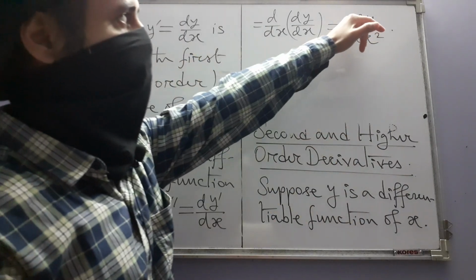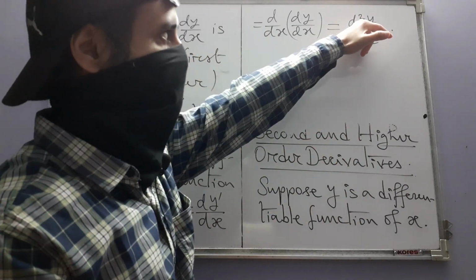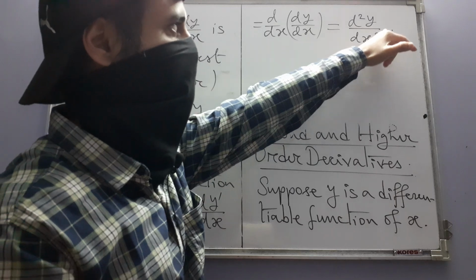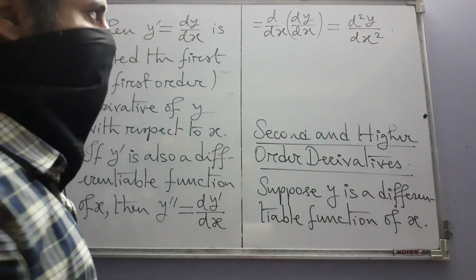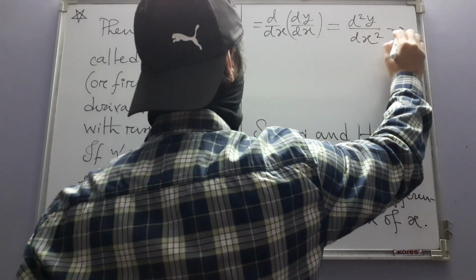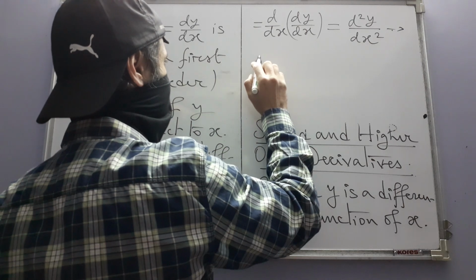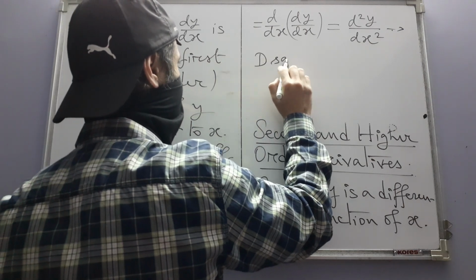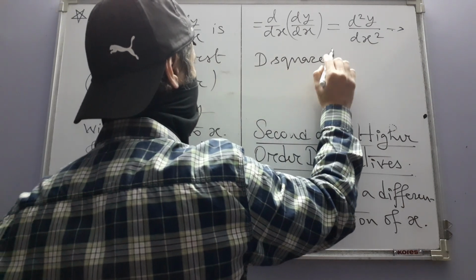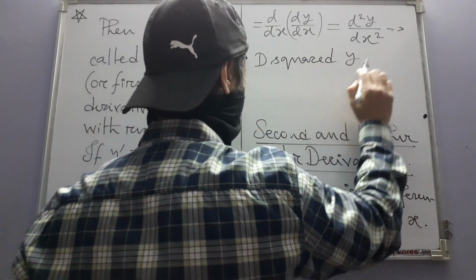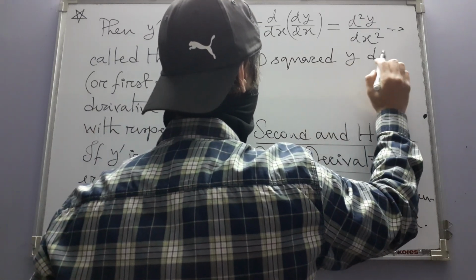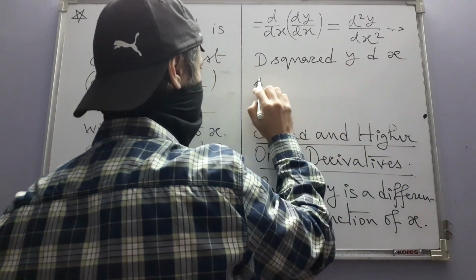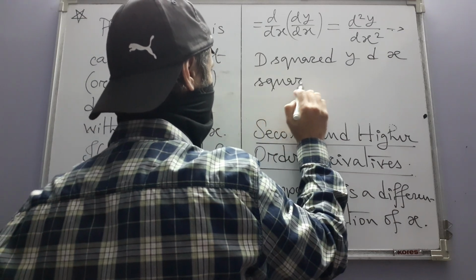We write the 2 above d, and here we write the 2 above x. And this is read as d squared y dx squared.